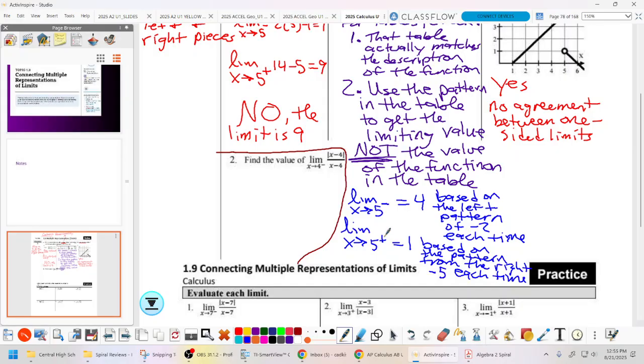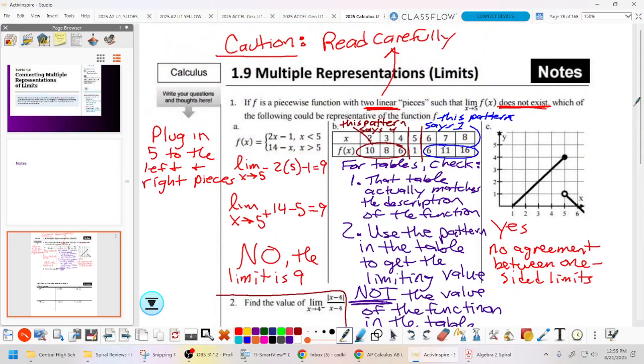He's pointing out that if we read this from an algebra perspective, obviously we're counting from left to right, and it's increasing by 5. But thinking from a limit mindset, we're coming in to 5 from the right, and it's counting down. So if that wording doesn't work, I'll reword it for you.